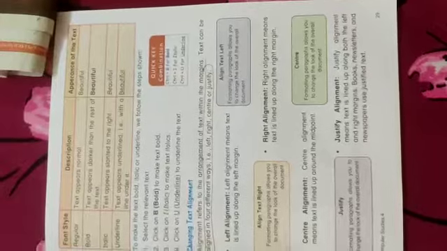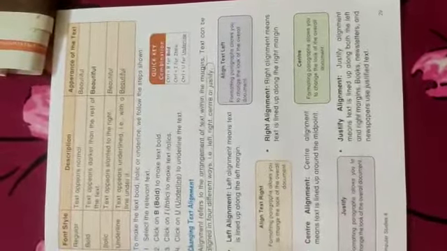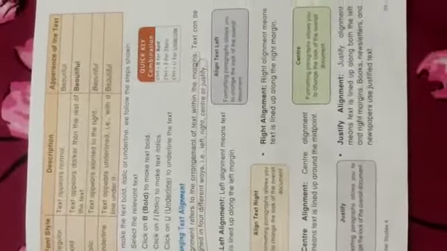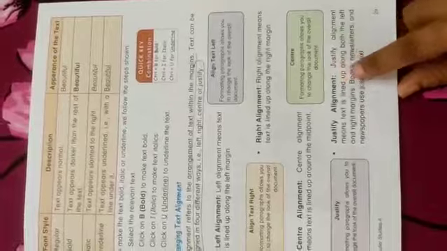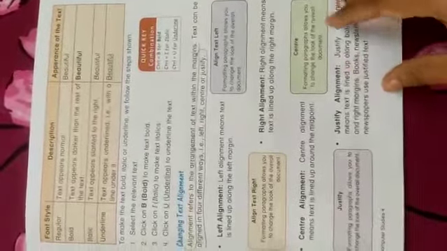Now justify. Justify alignment means text is lined up along both the left and the right margin. Like books, in books already you have seen this. The newsletters which you got and the newspapers are the justified text. This is the simple example of justifying alignment.